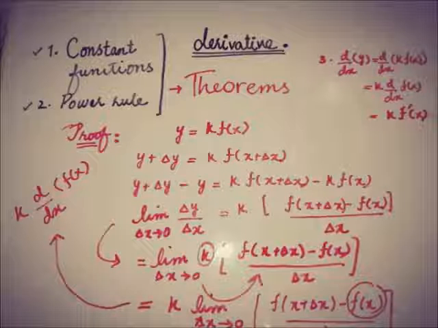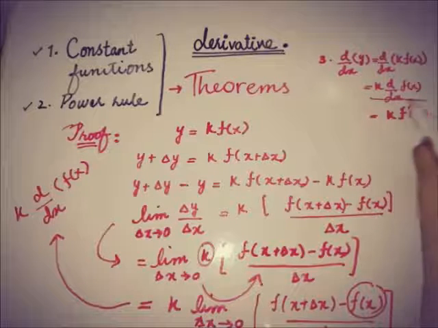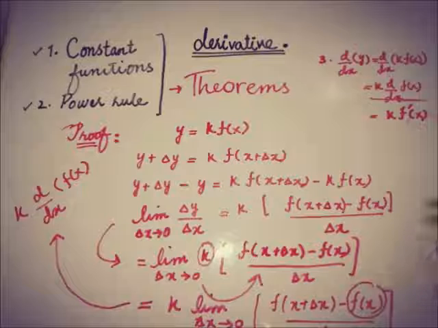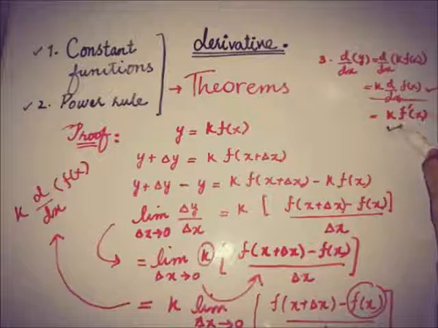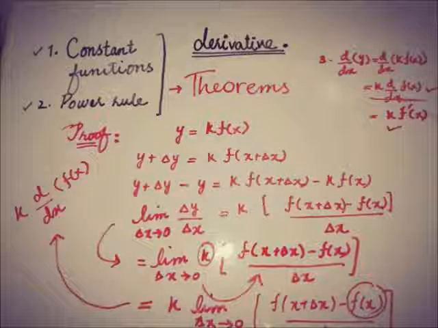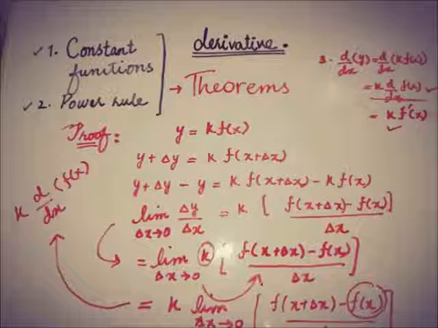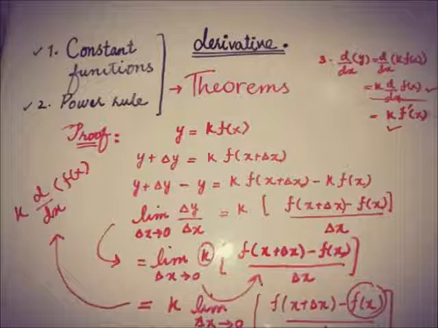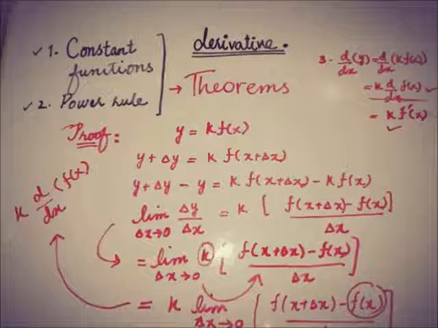So eventually we will come out with this expression in the end, and we can write it in this form as well. So here we have proved the product of a constant and a function theorem.